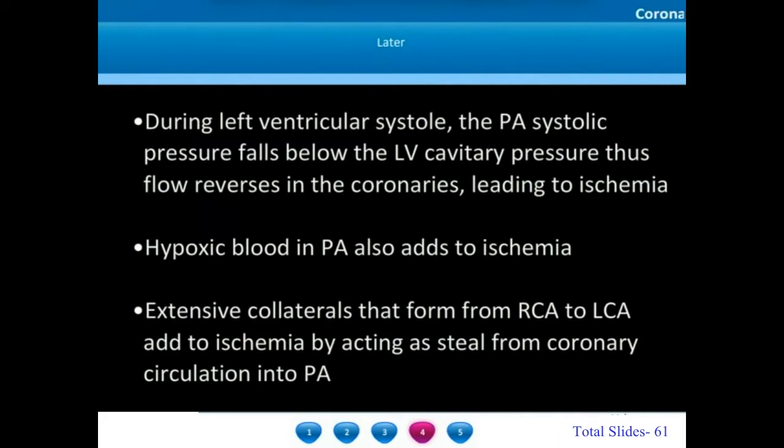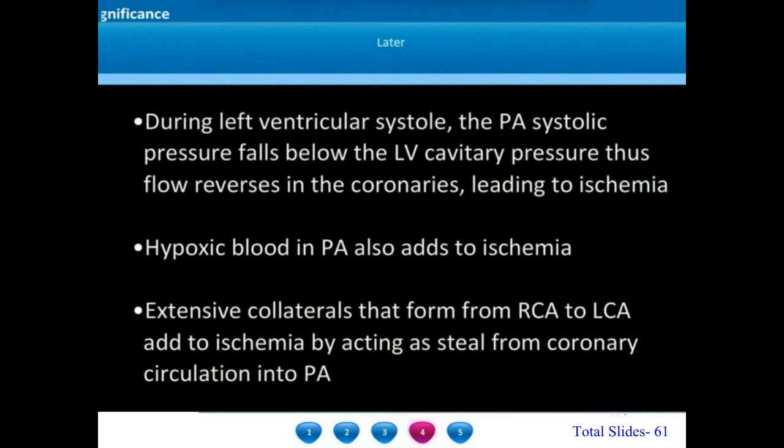Especially during left ventricular systole, the left ventricular cavitary pressure significantly increases above the pulmonary artery systolic pressure. And so this results in flow reversal in the coronaries, with the blood flowing in the coronary going back into the pulmonary artery, and this leads to significant myocardial ischemia. Moreover, the pulmonary artery's blood saturation is also low, and this results in further ischemia.